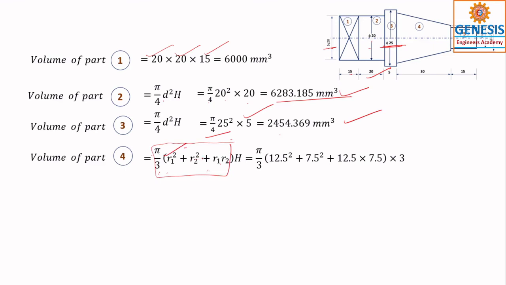One is the base area, pi R1 square, and pi R2 square, and pi R1 R2 for that matter, and you multiply with H. This is okay. So what is pi R square? That is the volume of the cone.